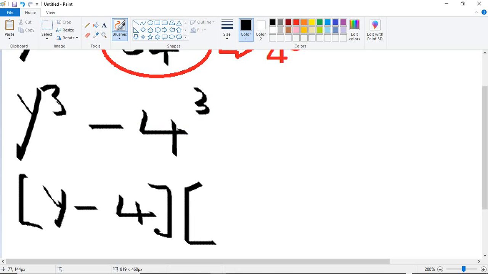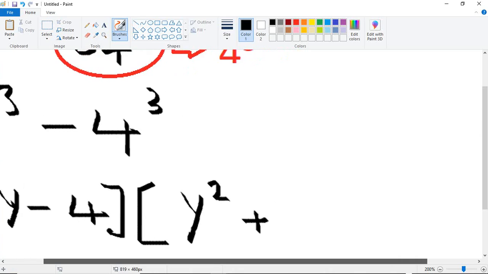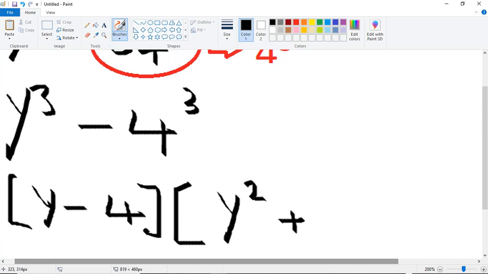Remember, it says what? A squared of the first term, which is going to be y squared, and then the opposite sign, which is positive. And then what you're going to do from here is the product of the two, which is going to be 4 multiplied by y, which is 4y.